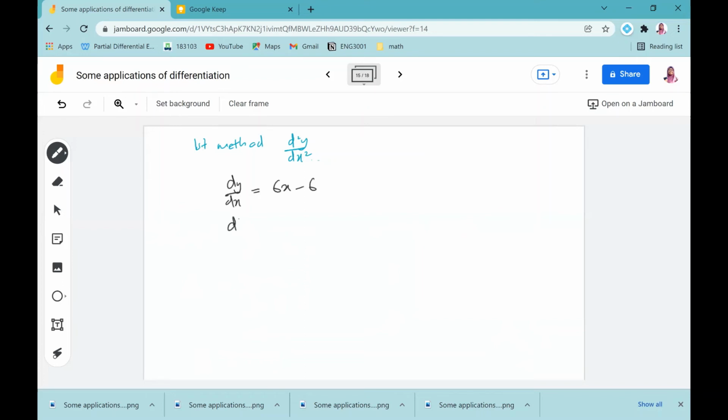So we differentiate a second time with respect to x, and we will get 6. So it is a positive value.